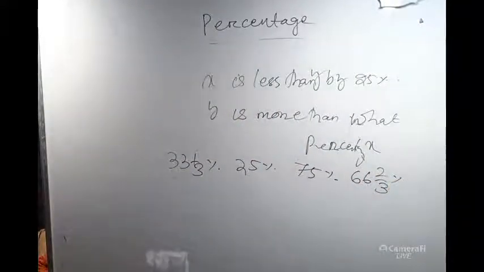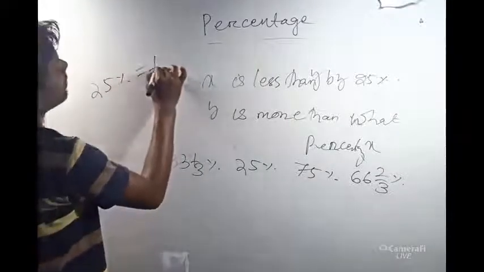Okay, comment first. Option wrong. Okay, see, X is less than Y by 25%. 25% means 1 by 4.